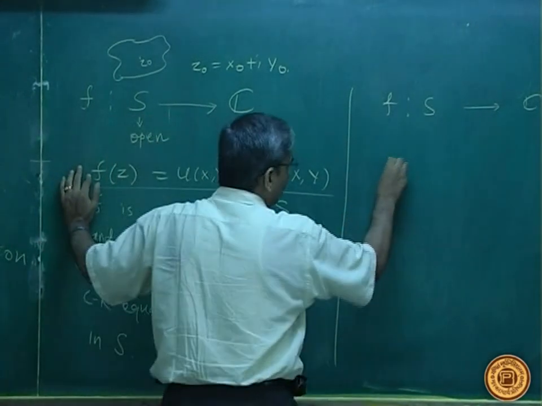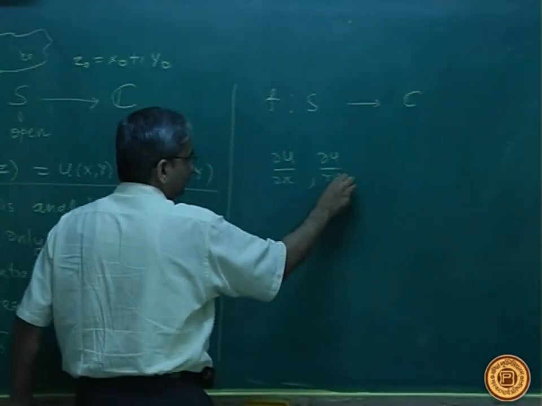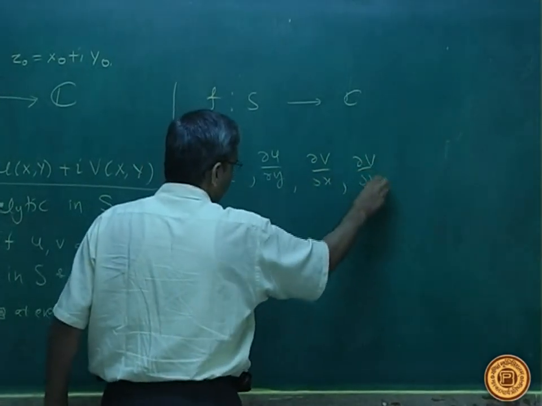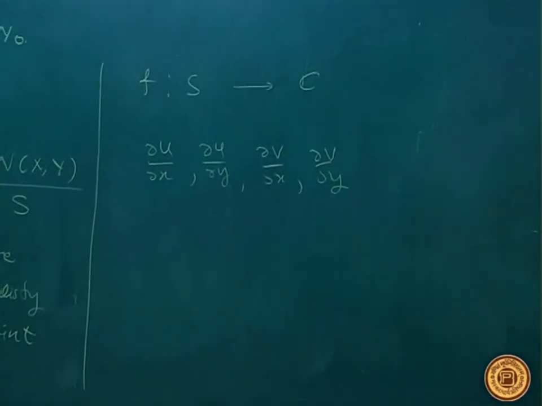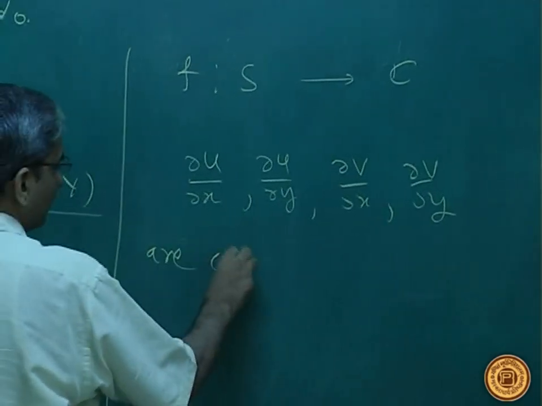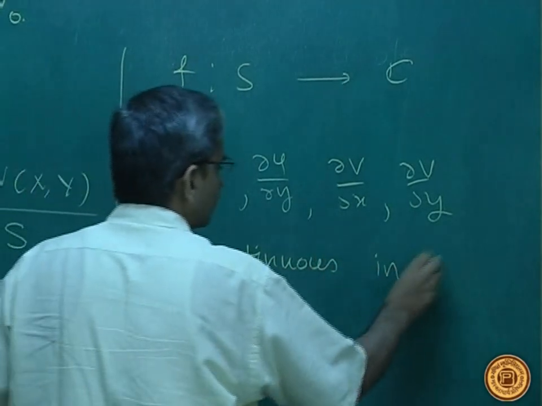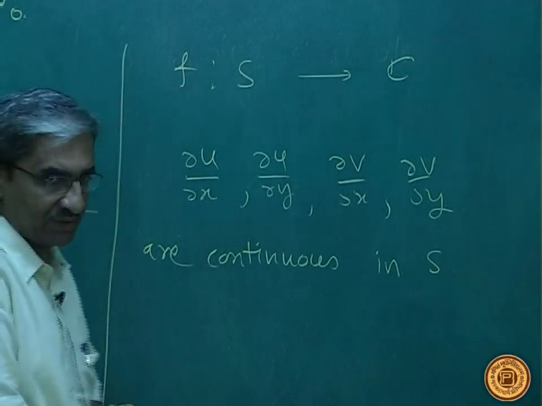Now if ∂u/∂x, ∂u/∂y, ∂v/∂x and ∂v/∂y, these four partial derivatives all exist and, suppose, are continuous in S, that is throughout S. So at every point these first order partial derivatives are continuous.